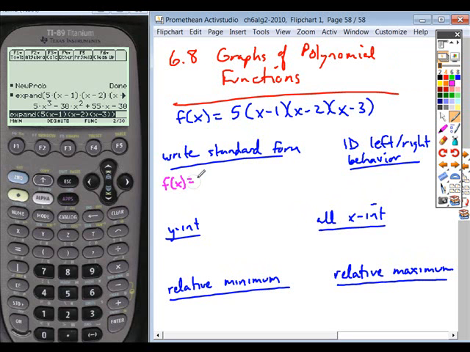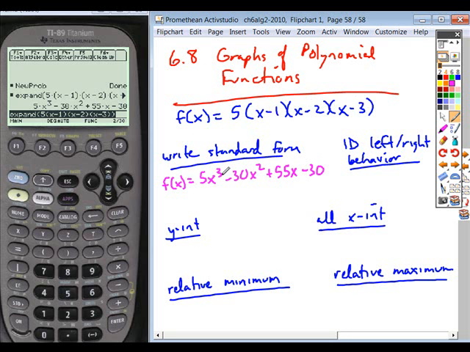It's a function, so f of x is equal to 5x cubed minus 30x squared plus 55x minus 30. Now, would this make sense? You had three factors of x, so would you expect the degree of the polynomial to be 3? Yes. And so it should make sense to you that that's the right expression.